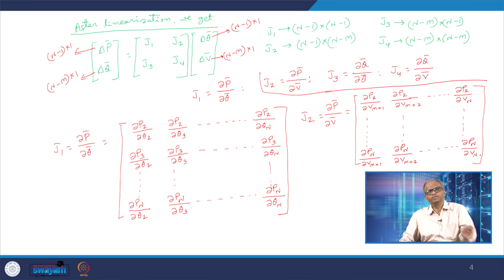Right. So basically partial derivatives of all P's with respect to all unknown voltages, and so on and so forth.